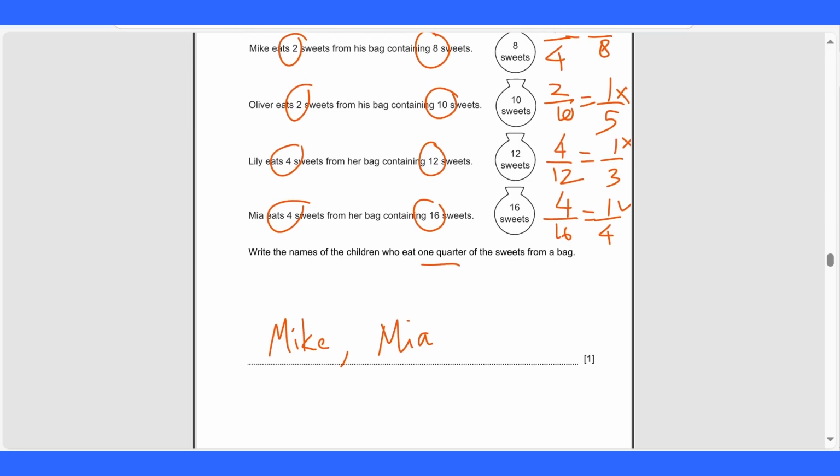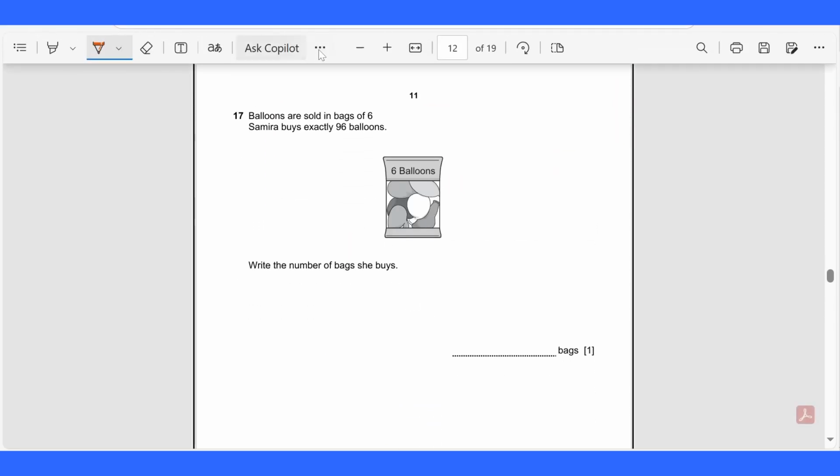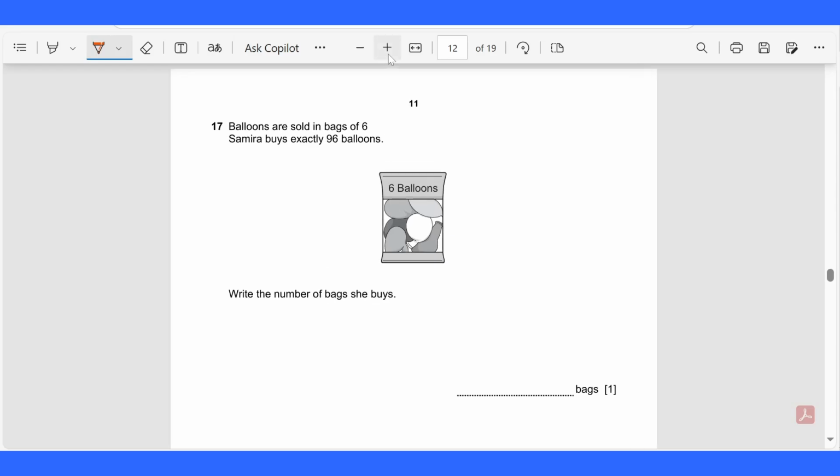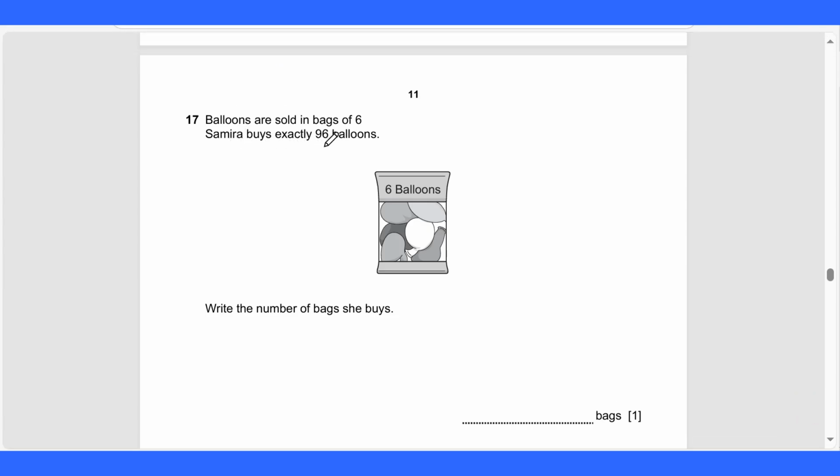Alright, next. Number 17. Balloons are sold in a bag of 6. Okay, so Samira buys exactly 96 balloons. Write the number of bags she buys. Are you guys done with your division?